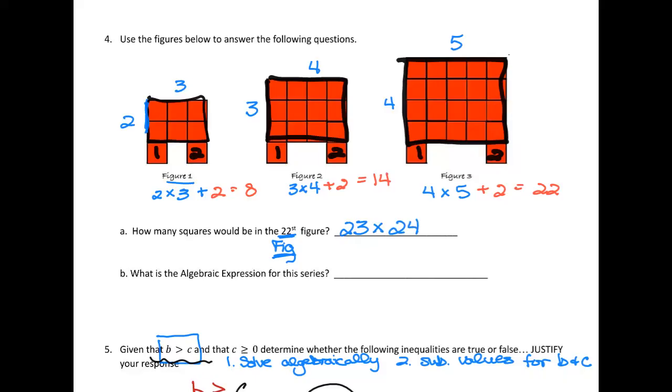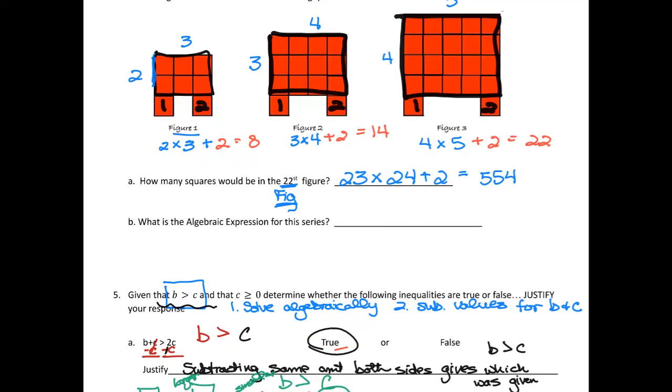So you were a little off the first time. It goes in order. The 22nd figure would have a width of 23 and a length of 24 plus 2. Who said that? Very good. And if I had a handy dandy calculator here, who's got that answer? Does anybody know? 554.